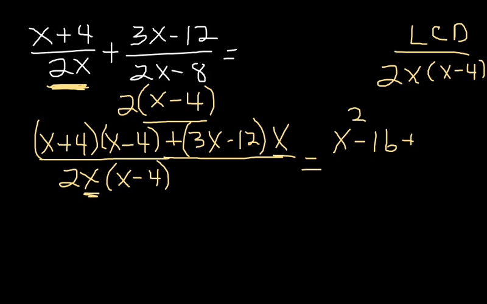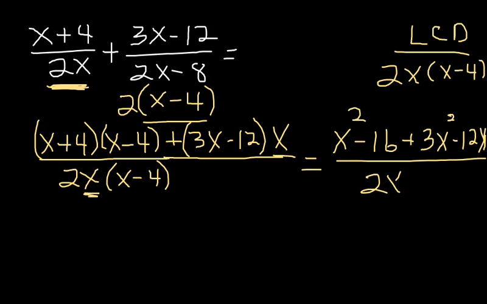So 3x times x is 3x squared. And x times negative 12 is negative 12x. Here I ran out of room over there. And all of that is over the common denominator, which I'm going to go ahead now and also distribute. 2x times x is 2x squared minus 8x.